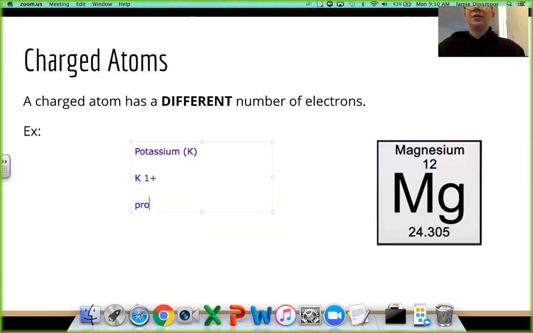So I want you guys to tell me the protons, the neutrons, the electrons for potassium with a charge of +1. You may have to go back to looking at the periodic table to see the numbers for potassium.